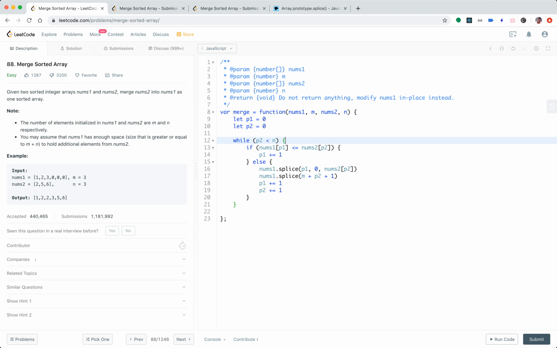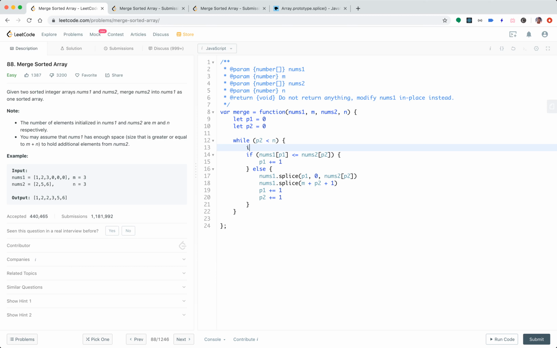Like if P1 is smaller than m plus P2. Is it right? So when we try to insert number 2, we only compare to m. So this is m plus P2. This is right.